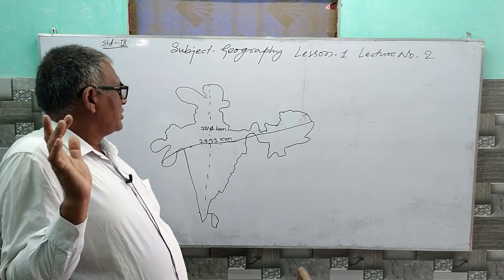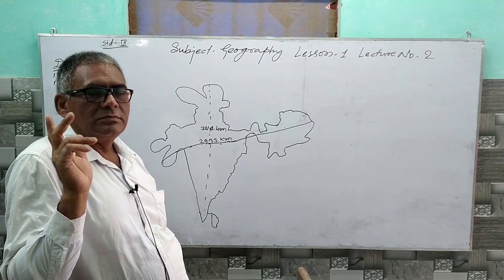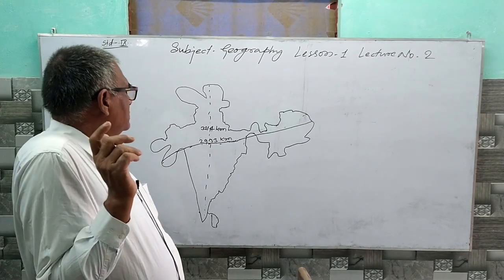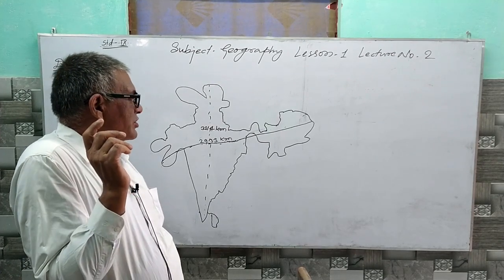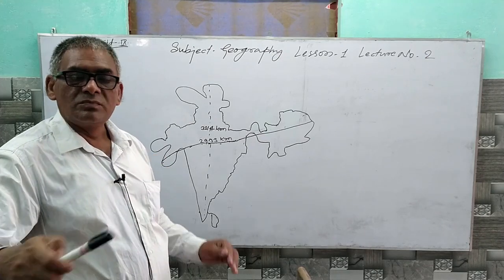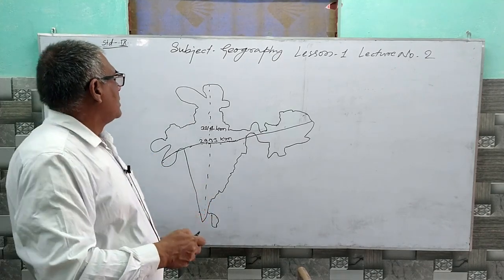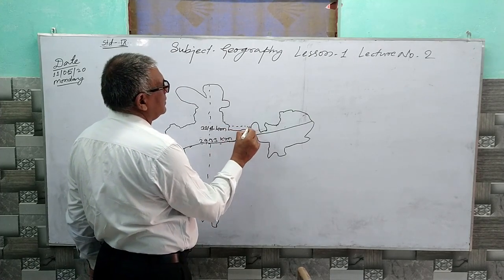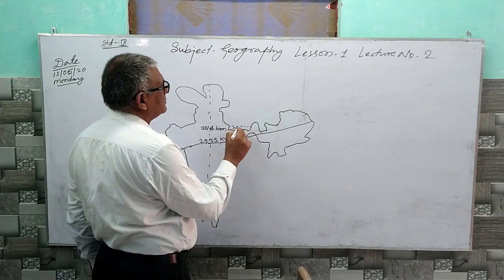In the north you have seen that there is Nepal, China, Bhutan. In the east there is Myanmar and Bangladesh. As you have seen, here is Nepal.